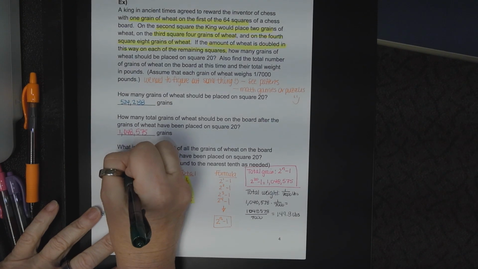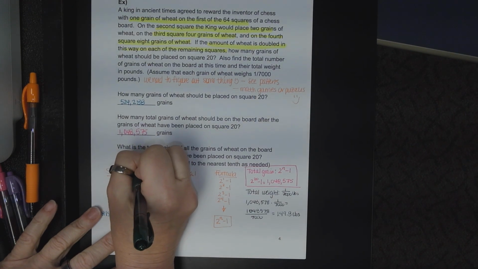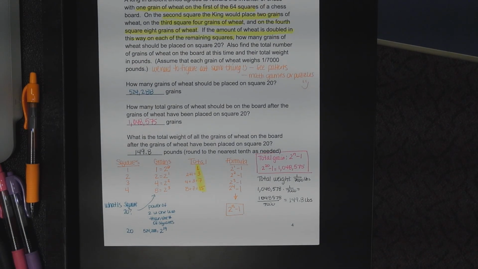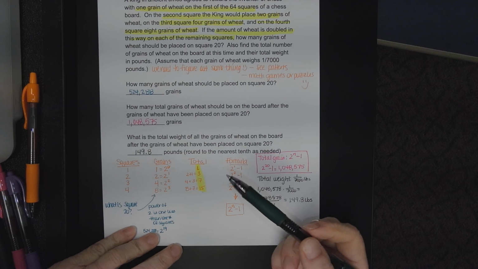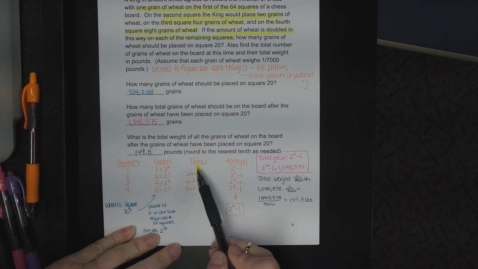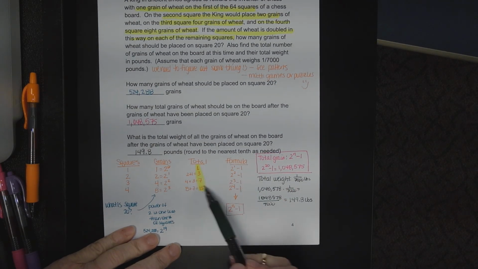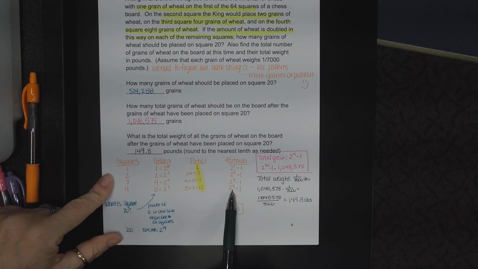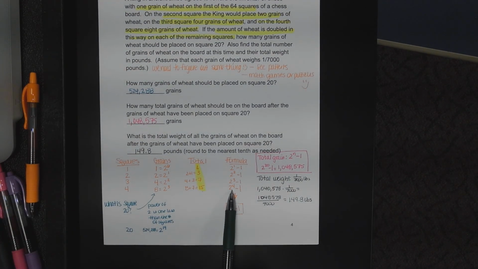So here, a lot, right? A lot. It's just like puzzles. So like here we know the total number on the board, so we're going to use that to kind of figure out how we can make this formula. So I just used our base of 2 because it's doubling, right?